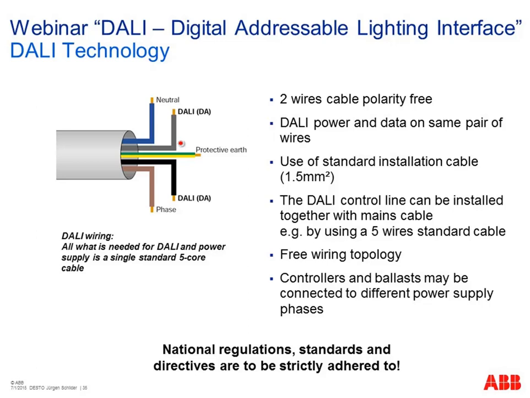This is allowed according to this IEC DALI standard. But be careful, read also your national regulations or your standards. In some countries it is not allowed to have one cable for the energy and maybe here for communication or for low voltage signals. In principle, according to the DALI standard, it is allowed, but be careful in your country.